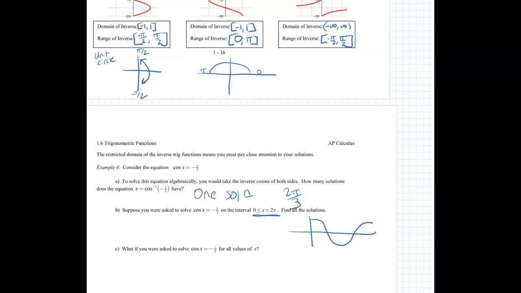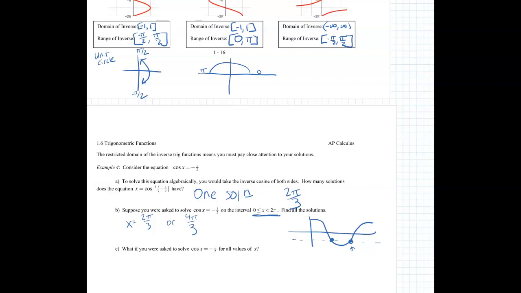And so graphing one period of cosine, I see that it equals -1/2 somewhere down along here. And so it'd be this point and this point, which would actually be at x equals 2 pi over 3, or that next point right here would be at 4 pi over 3.